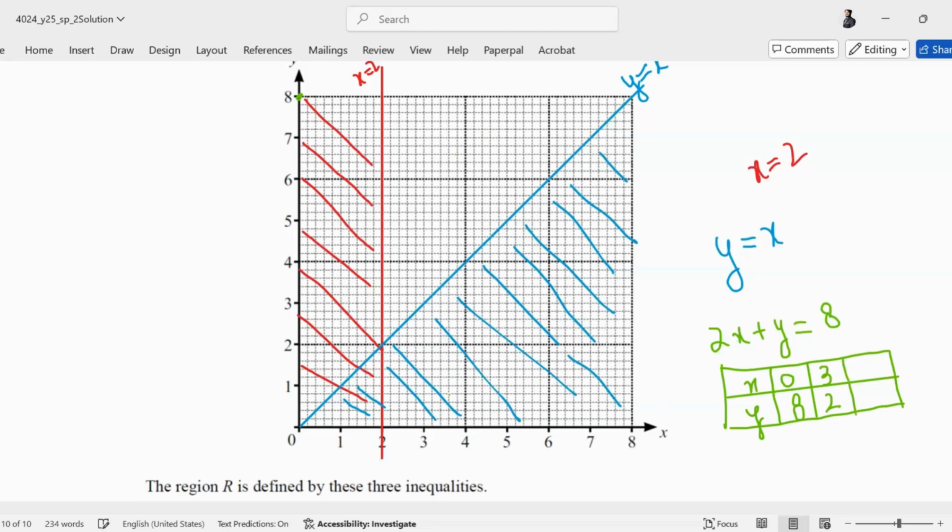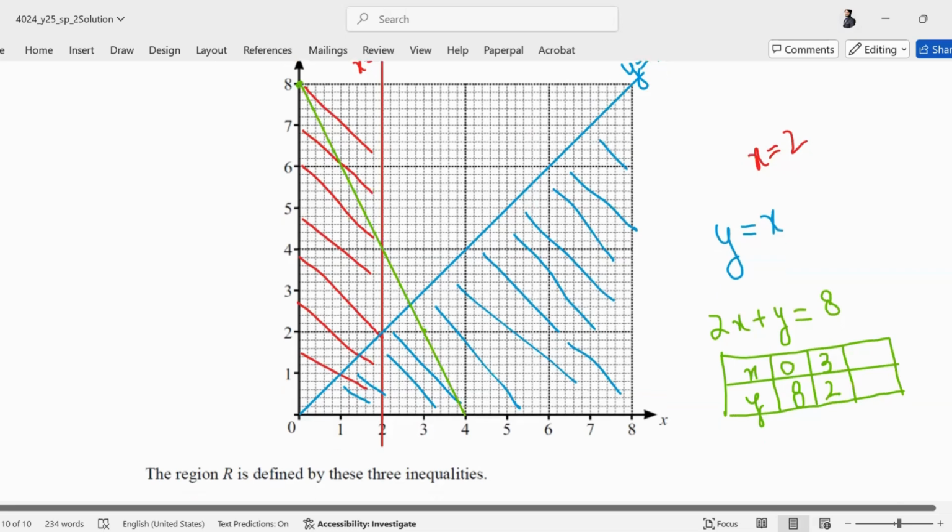So when x is 3, y is 2. Now 2 points are good enough to draw a straight line. This is the equation of the line. On this line, 2x plus y is equal to 8.